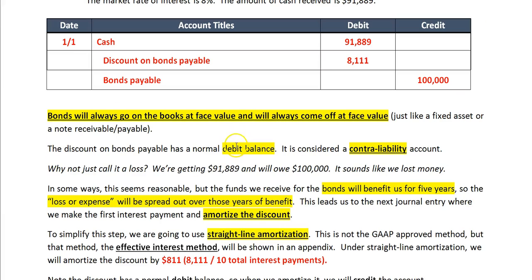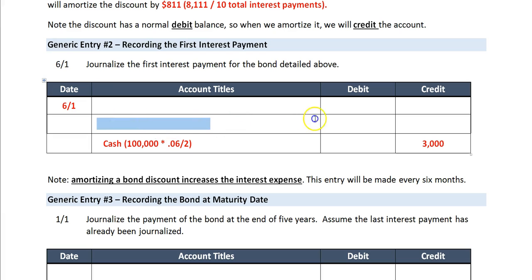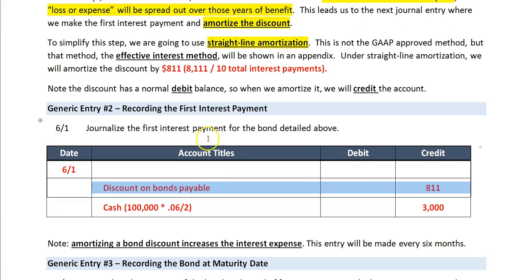In addition, we need to amortize that discount. Notice the discount has a normal debit balance, so to amortize it or write it off, we need to do the opposite. So we're going to credit the discount on bonds payable. Notice here, discount has a normal debit balance, so when we amortize it, we're going to credit the account.